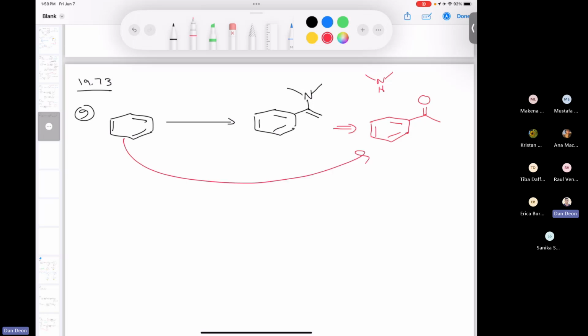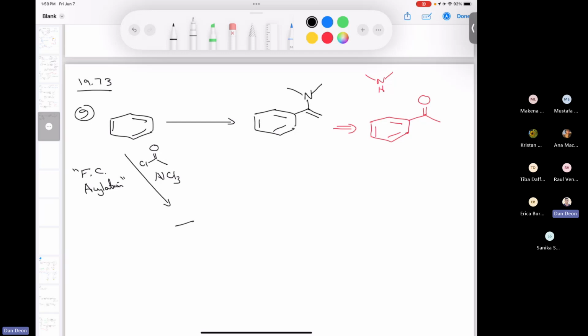So now the question becomes, well, how do I get from here to here? Well, hopefully it's still fresh in your brain that all you need to do is a Friedel-Crafts acylation. So a Friedel-Crafts acylation, right? Because that's an acyl group. So you're going to use acetyl chloride and aluminum chloride. And again, this is a Friedel-Crafts, not alkylation, but acylation, if you need to go back and review that.